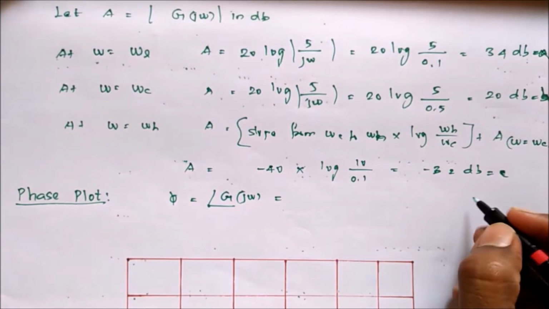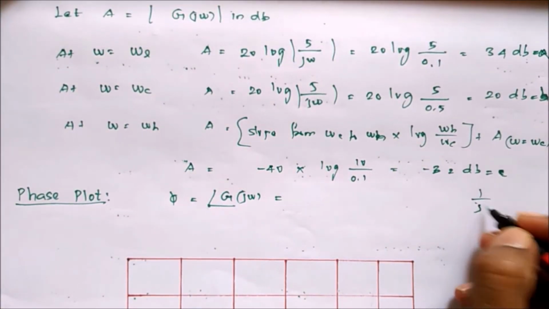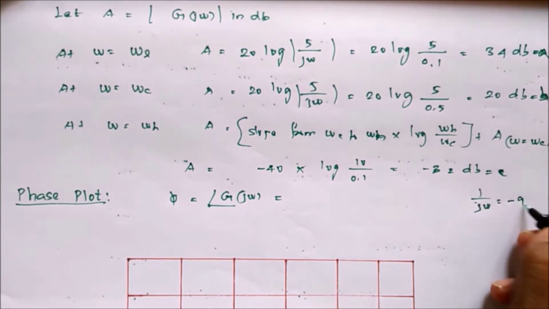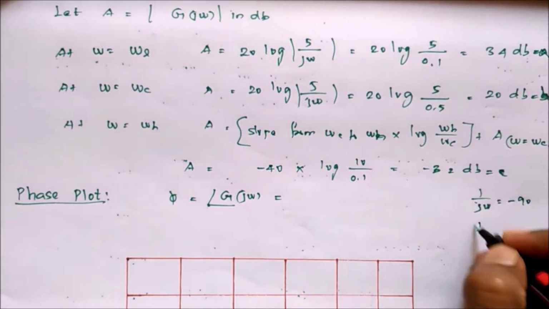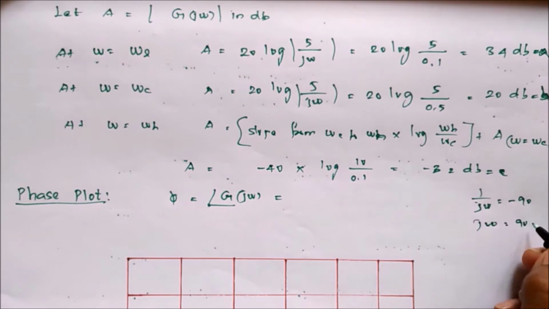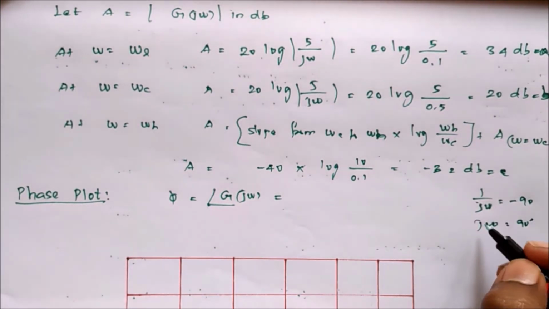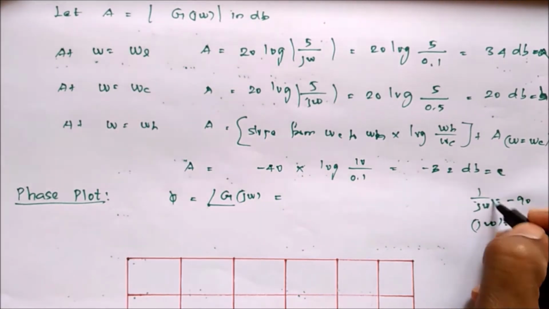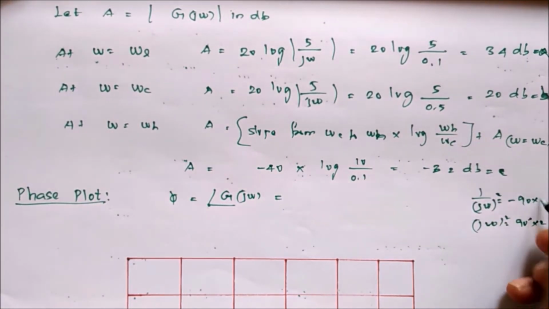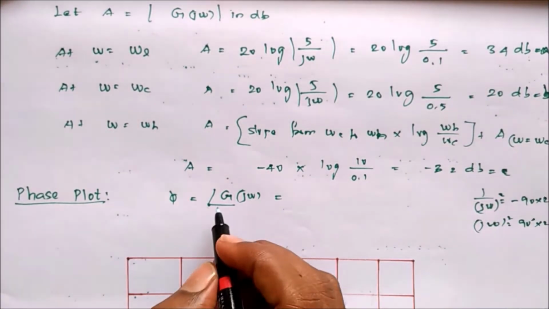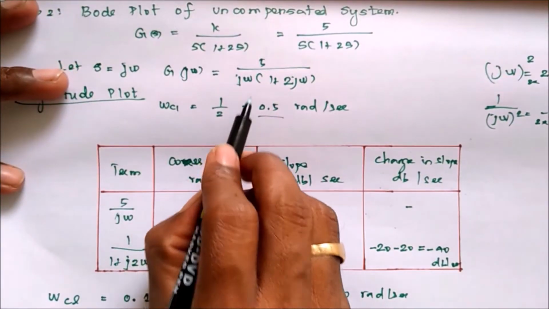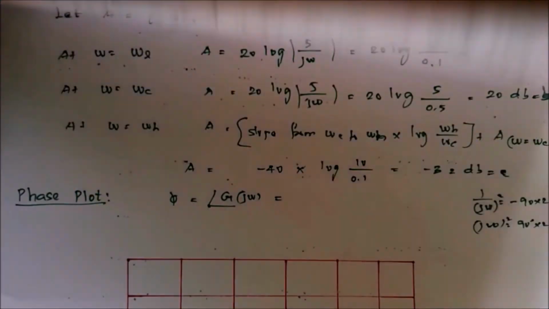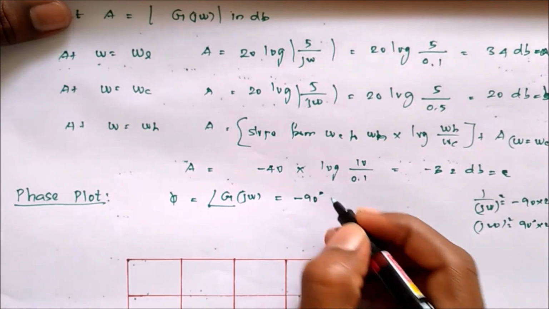For calculating the angle, if it is 1 by j omega, the angle should be minus 90. If it is j omega, the angle should be plus 90. If it is j omega square, we have to multiply by 2. But according to the equation, here it is 1 by j omega, so the angle is minus 90.